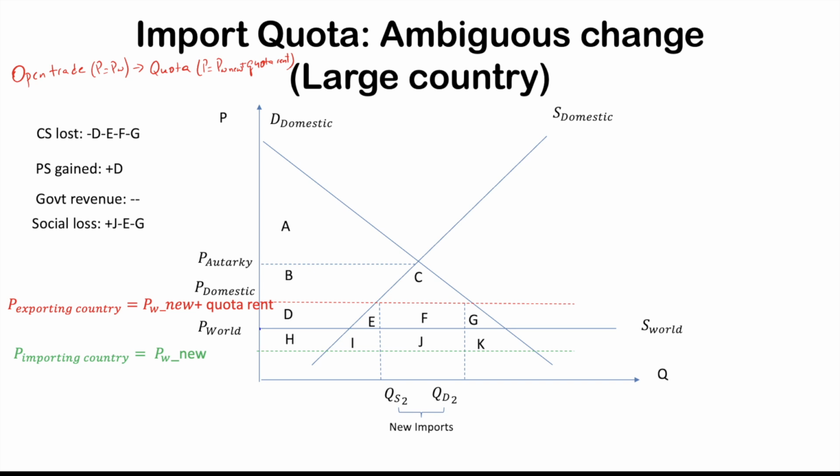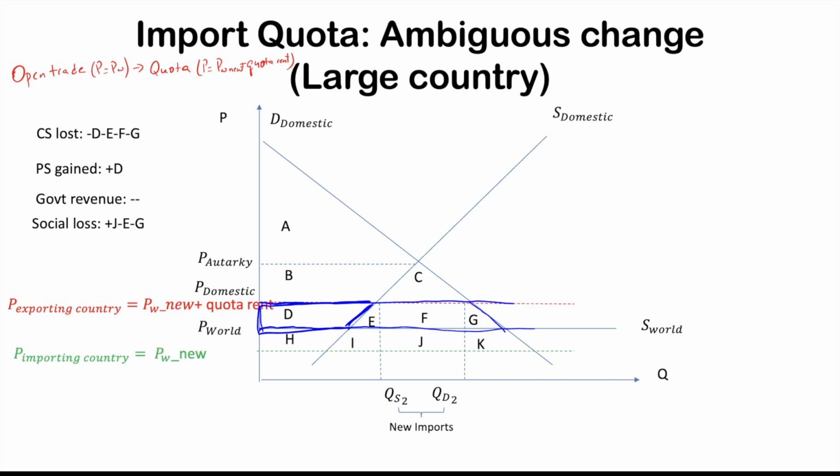We can show what happens to the consumer, producer surplus, and total surplus when we go from the world price, which is right here, from open trade, to this new price, which is right here. So you can see that the consumer surplus that is lost is equal to areas D, E, F, G. And the producer surplus actually regains area D. The government revenue is non-existent.